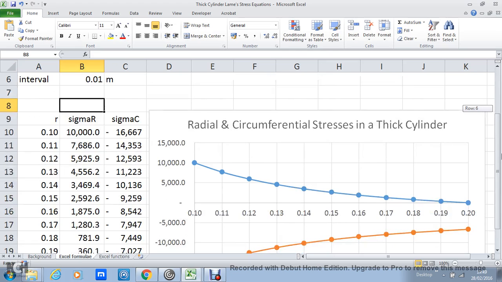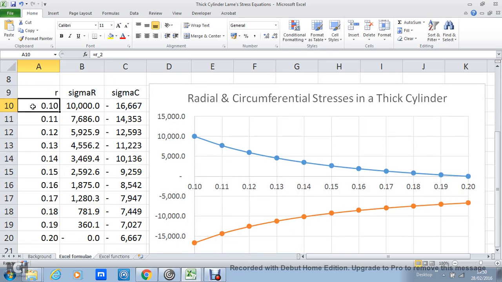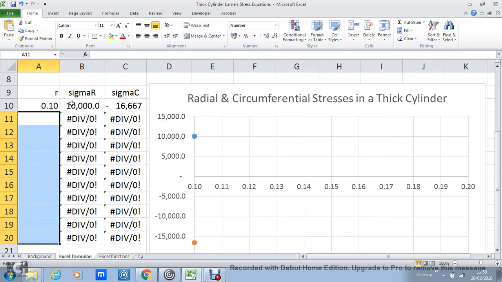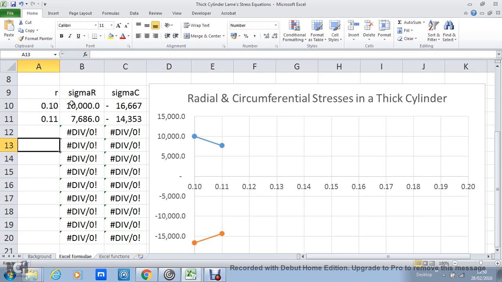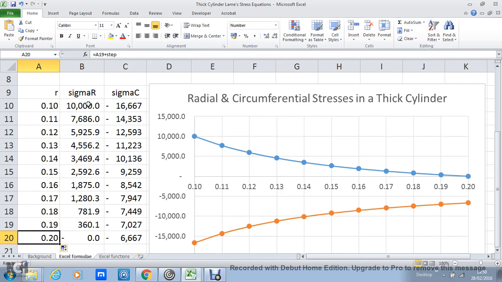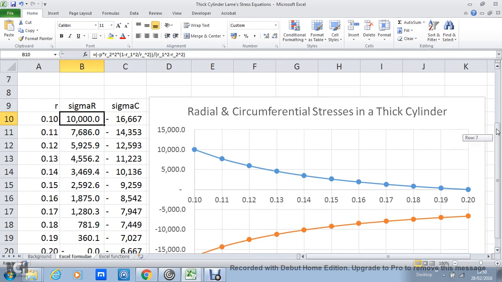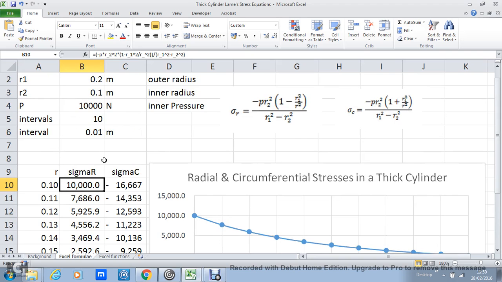So what I've done here is divide the thick cylinder into 10 intervals from the inner radius to the outer radius. If I go down through the formula, it's just a case of saying that's equal to the one above plus the step, and then all I have to do is copy this the whole way down, like so.